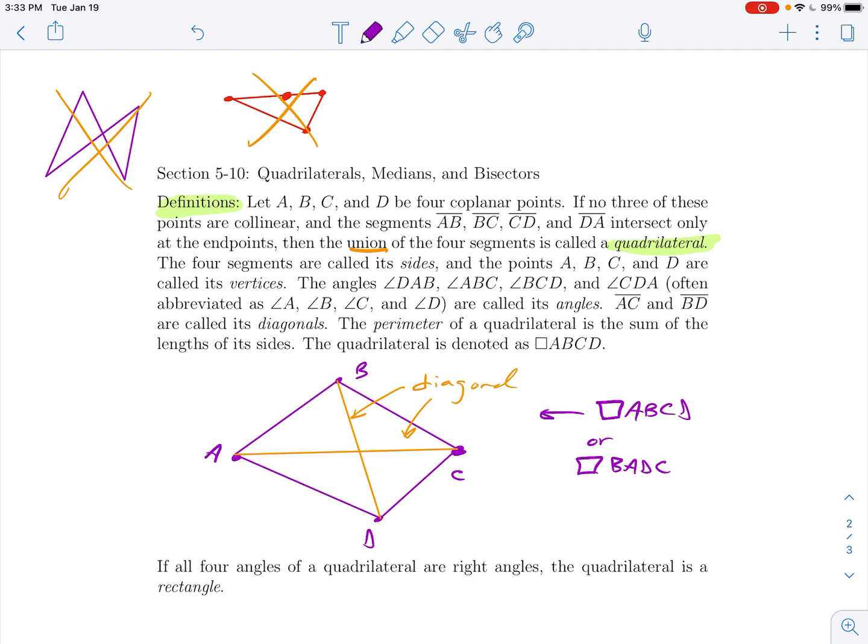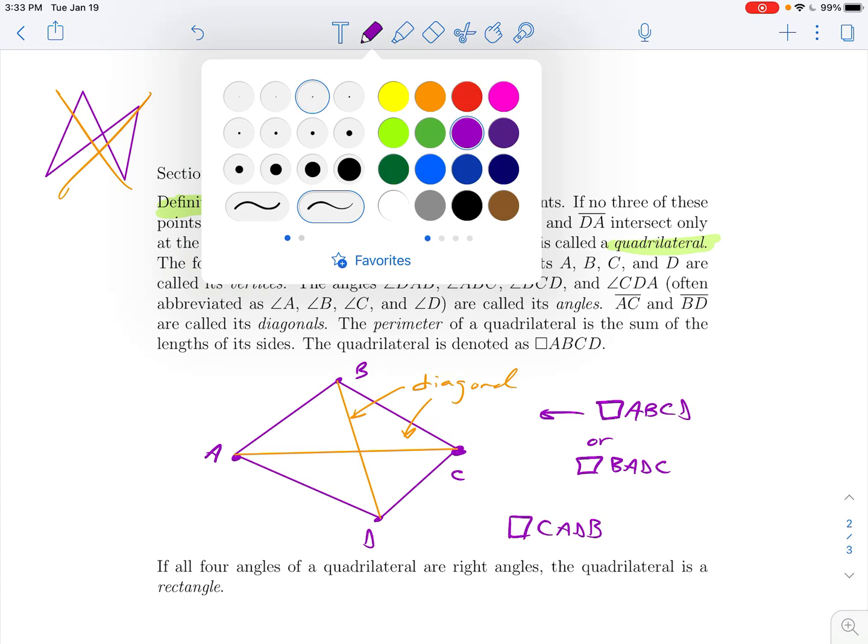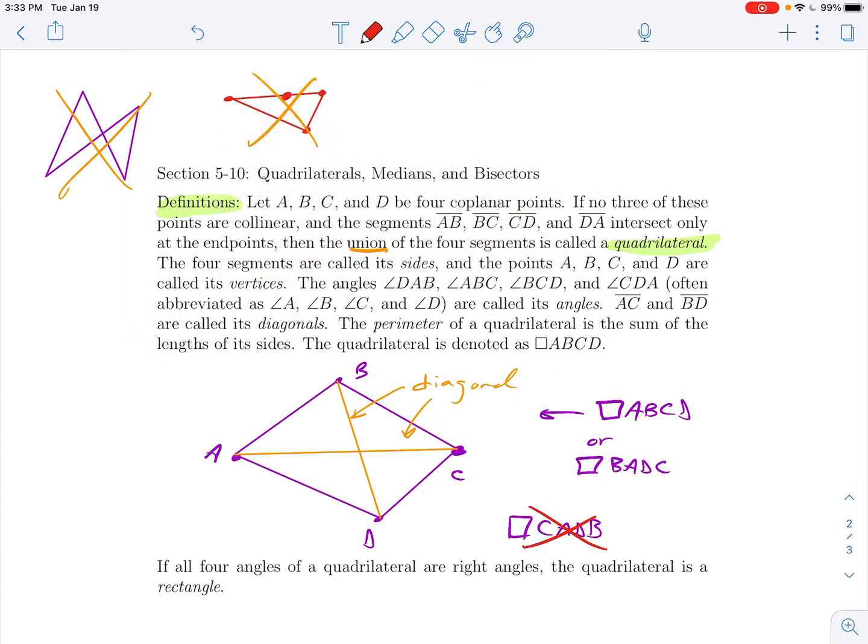So it would be wrong to say, oh, it's C, A, D, B. Because that's the wrong order. As I go around the edge of this quadrilateral, the vertices are not in the order C, A, D, B. So that's wrong. But there are a lot of correct ways to put this.